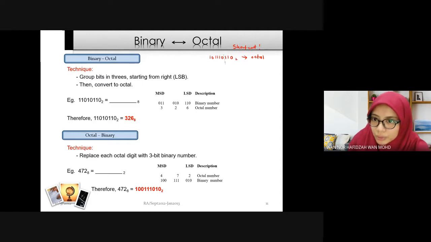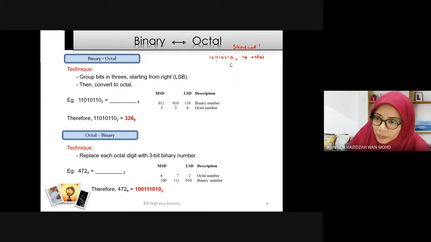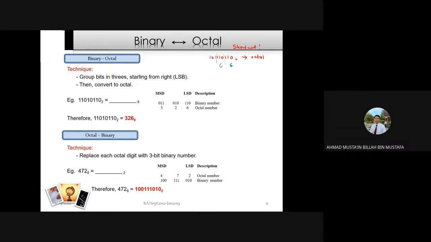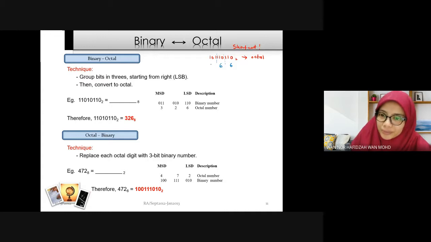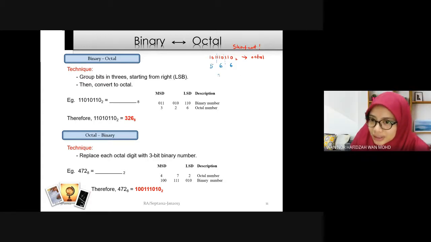The 3 bits here, another one here. So 110 is equal to 6. 110 is 6 also. 101 is 5. So the answer is 566 base 8.